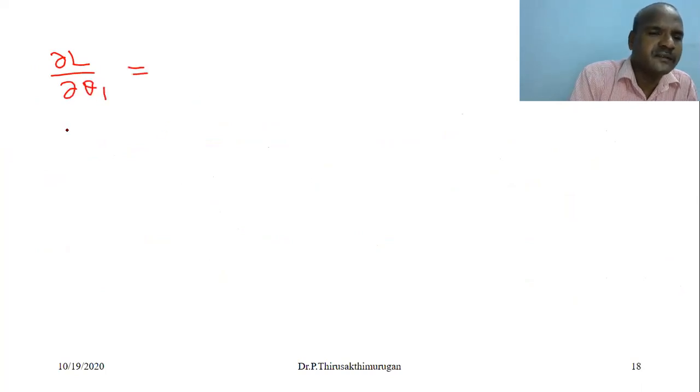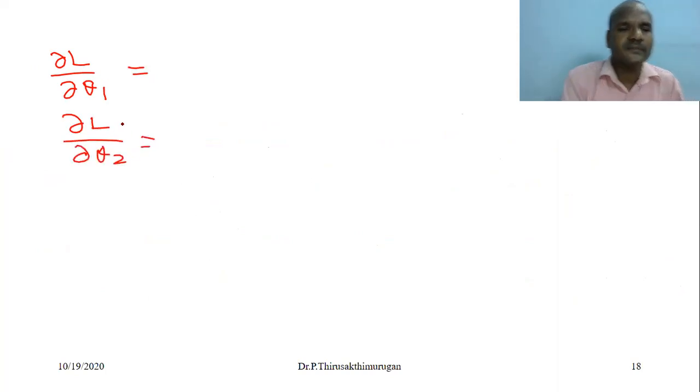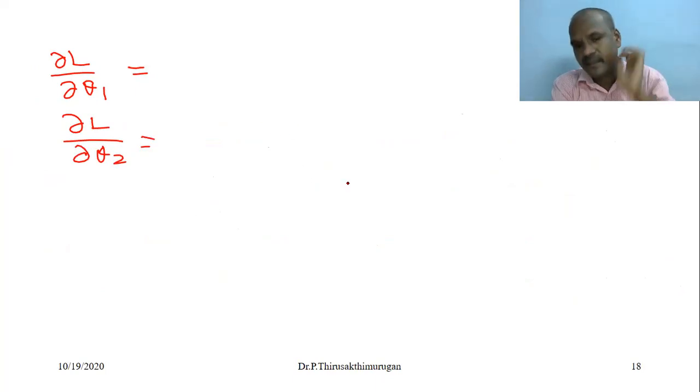What are the partial derivatives? Dou L by dou theta 1, please find out, then dou L by dou theta 2. Because we know L equals K minus P, where K is kinetic energy and P is potential energy.